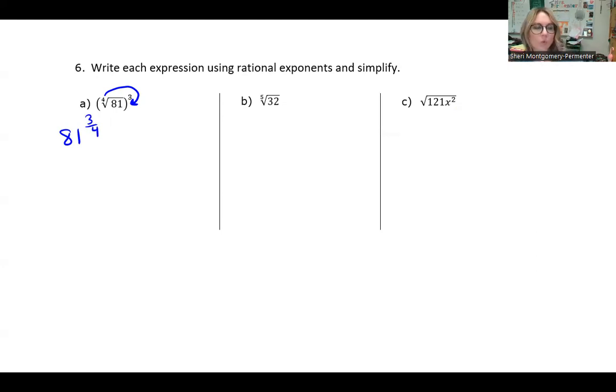Well, what I wanted to do on the front page was rewrite stuff to the 4th power. I want to do the same thing. So can 81 be rewritten as something to the 4th power? So look down your 4th power. Can 81 be rewritten as something to the 4th power? So we're going to rewrite it as 3 to the 4th power. It's still raised to the 3/4.